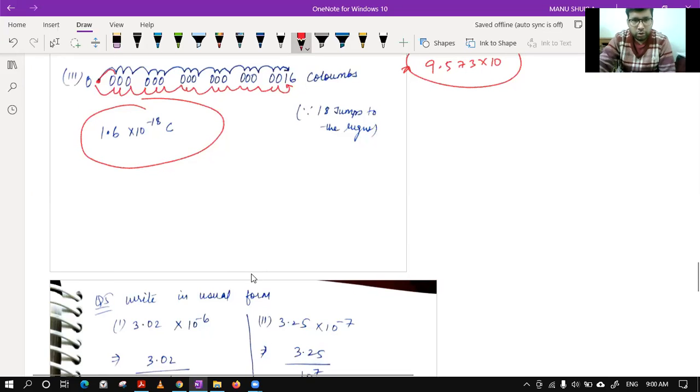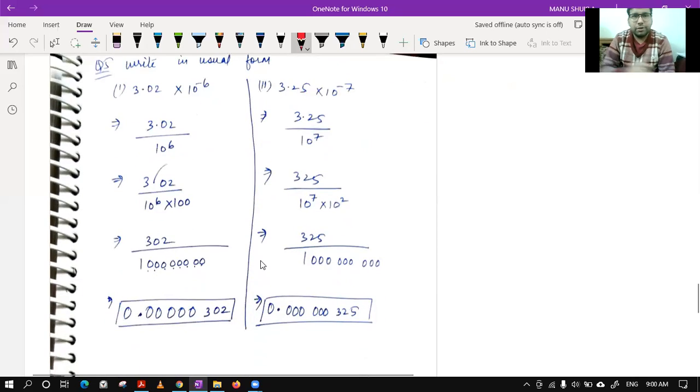Now, question number 5. Write in usual form. Now, what is usual form? It is the normal form in which we normally deal with the numbers without those 10 powers. Simply the number in decimal. So let's see. What we have right now is 3.02 into 10 power minus 6.